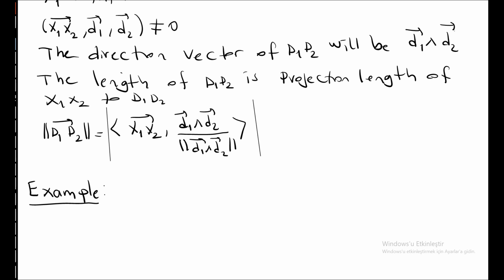Because the shortest distance will be the point where they intersect each other. So if they intersect each other, there is no meaning to search for the shortest distance because it will be 0. If they are skew, okay, it is meaningful. Otherwise, not. Skew also contains parallelity. So if they are parallel, they are skew. So you can find the shortest distance between them.